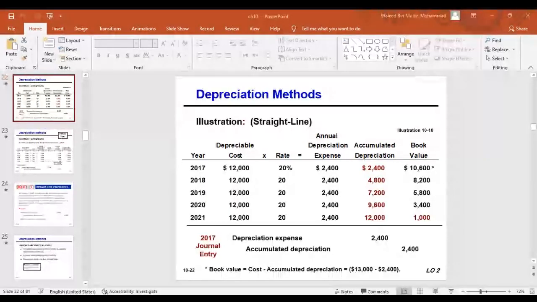If you remember this example, straight line, the book value in 2021. What is the book value in 2021?